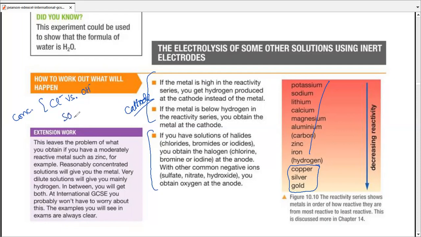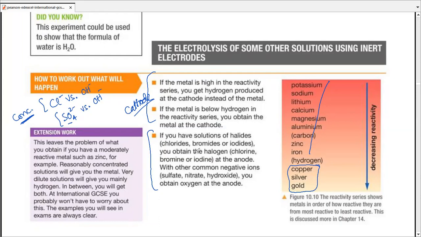But when we talked about sulfate versus OH, we talked very differently. We said it's difficult to oxidize. How would we know, whether it's a polyatomic ion or a single atom ion, whether we are supposed to look at the concentration, or at the ease or difficulty of oxidation?